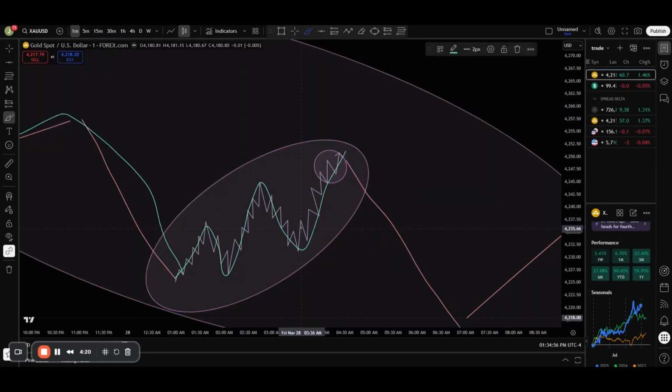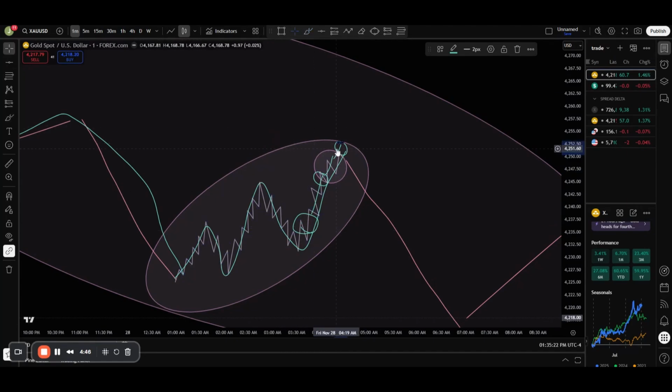Let's say that an hourly candle opens right here, immediately drives bullish. Let's say 30 minutes in, we're right here. The next 15-minute candle opens, immediately drives bullish. Let's say that we're 5 minutes into that 15-minute candle. A new 5-minute candle opens, immediately drives bullish, and we're now right here.